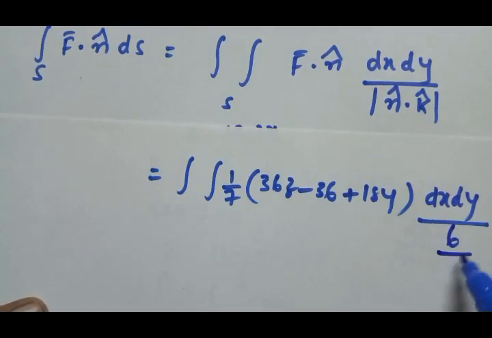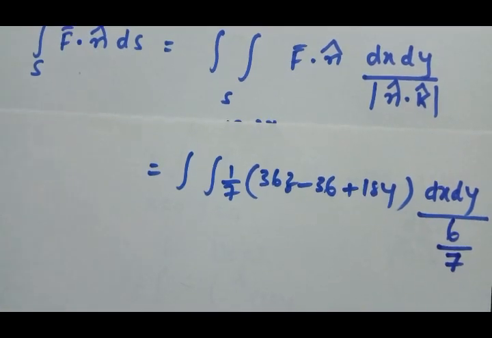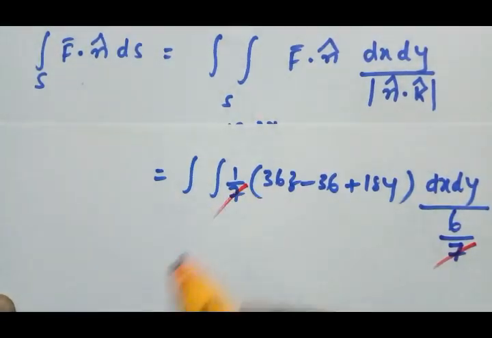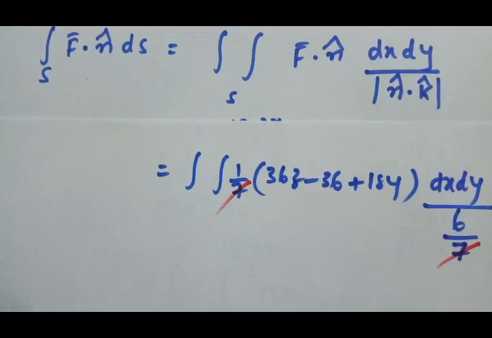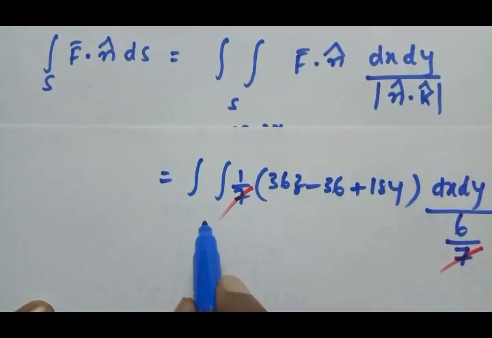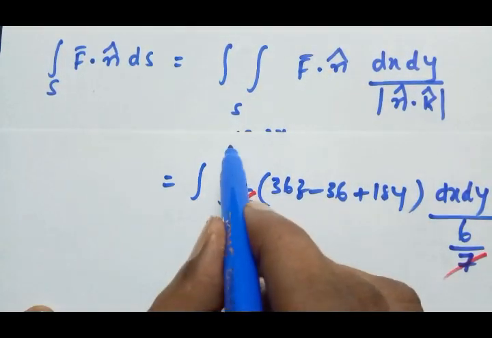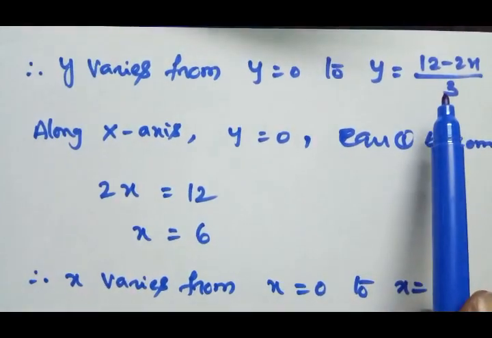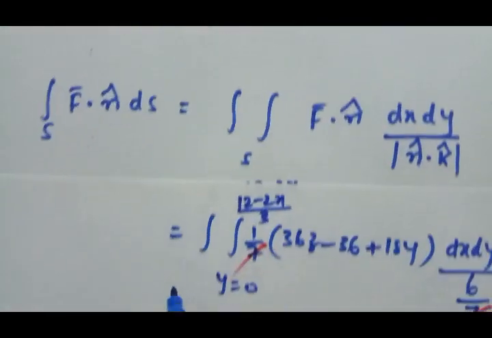Therefore here the 7s get cancelled. Now the limits of y are 0 to 12 minus 2x by 3, and the x limits are 0 to 6.